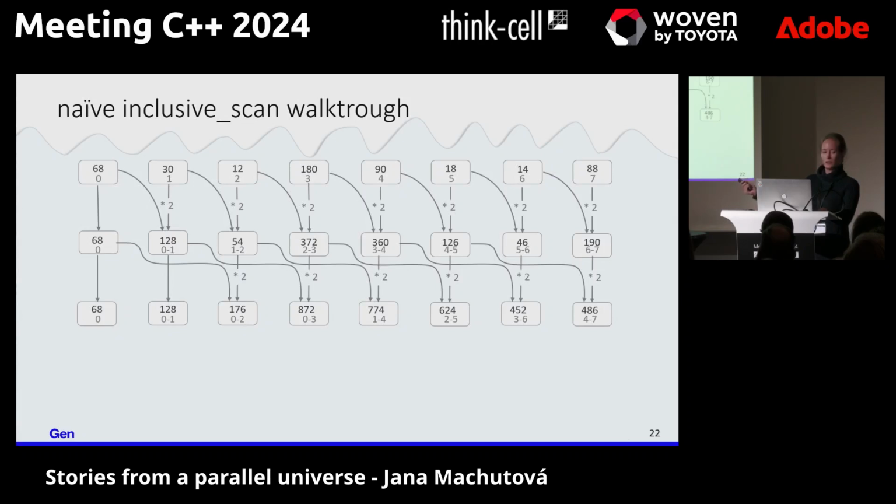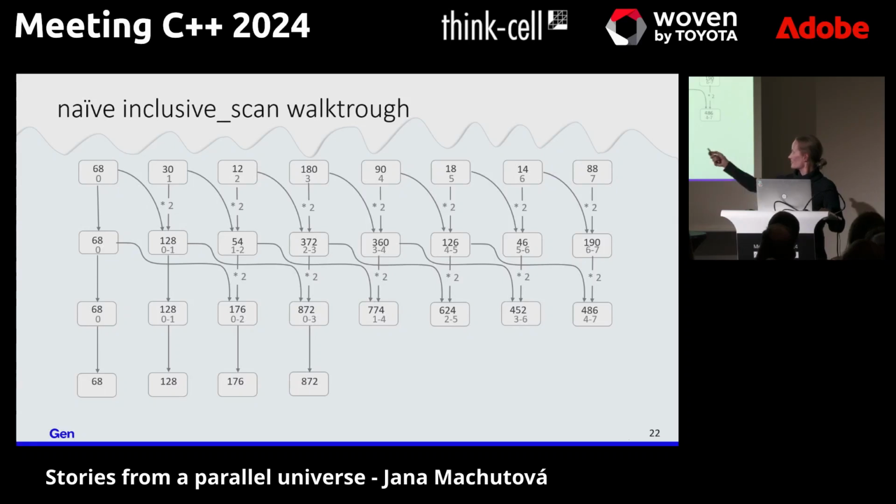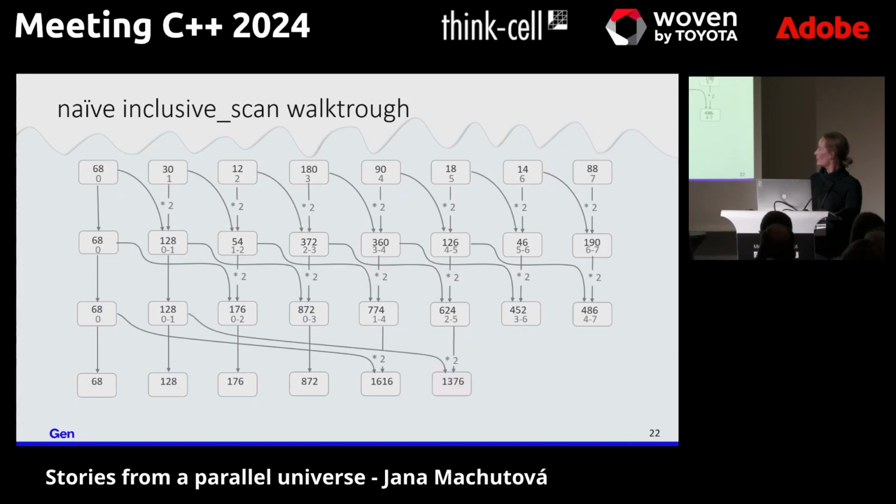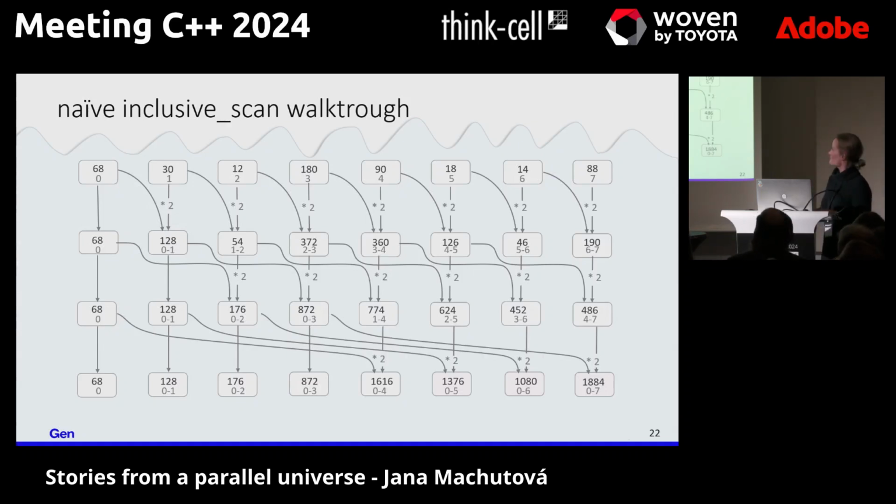Actually, we have the first half of the vector already solved this way. That's nice. So what about the rest? There's the same pattern. We will just take the input, and we have it all. And this way, we have the correct result. Unfortunately, this is not correct because it's not associative. But if you don't think about this multiplication, this works like that.